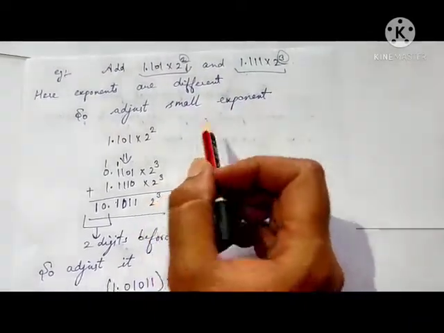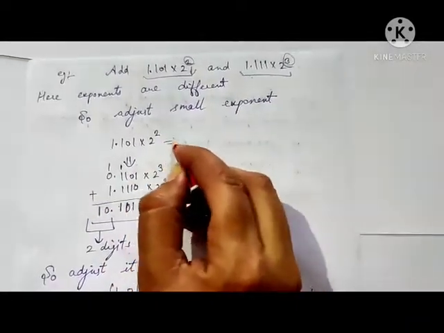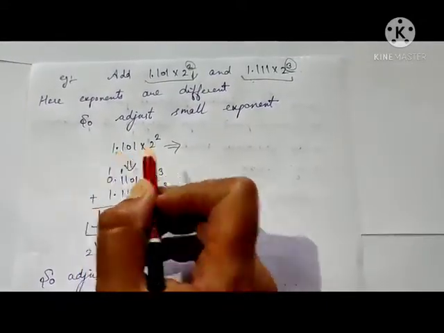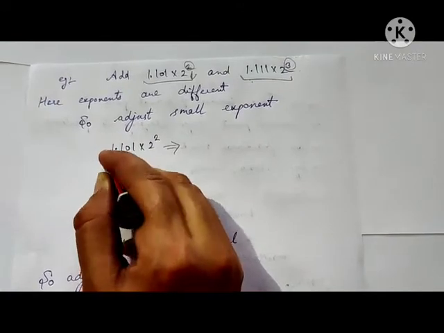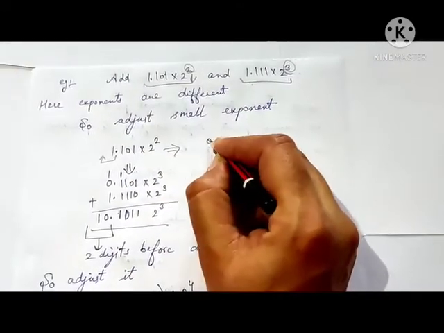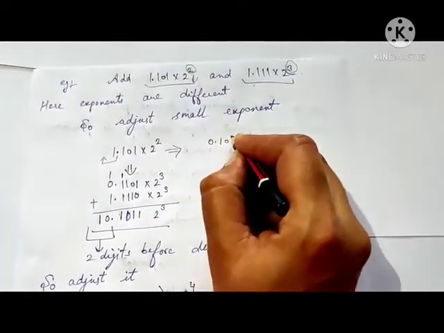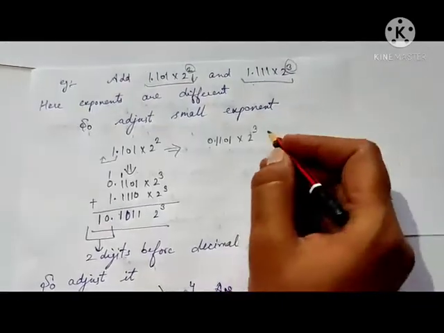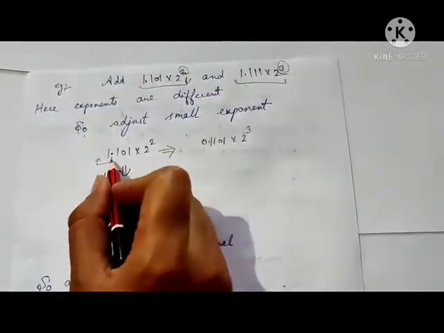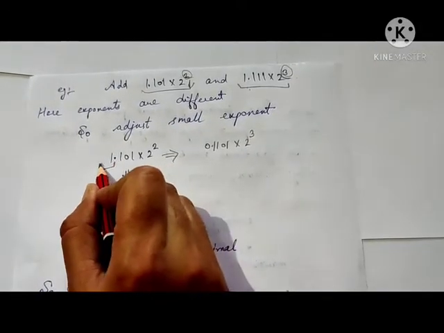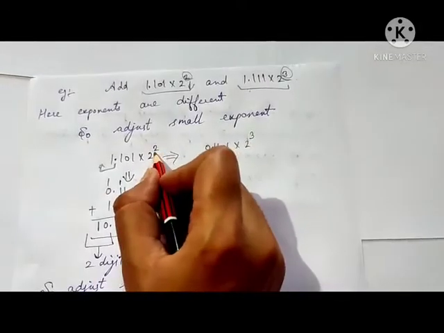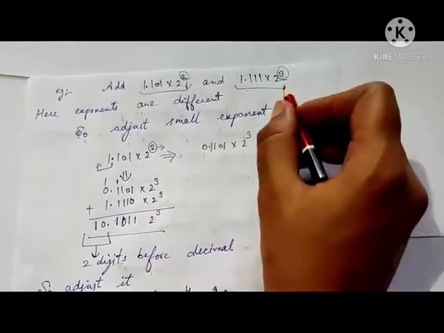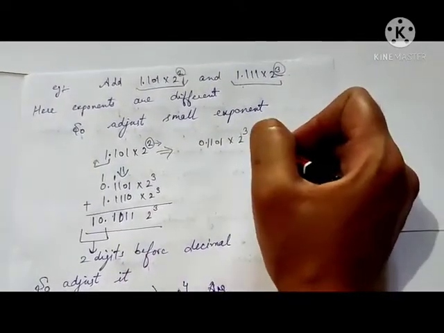How can we adjust? Move the decimal point to the left, like this. The exponent becomes 3. When we move the decimal point one digit to the left, the exponent is increased by 1, like this. So both numbers have the same exponent.